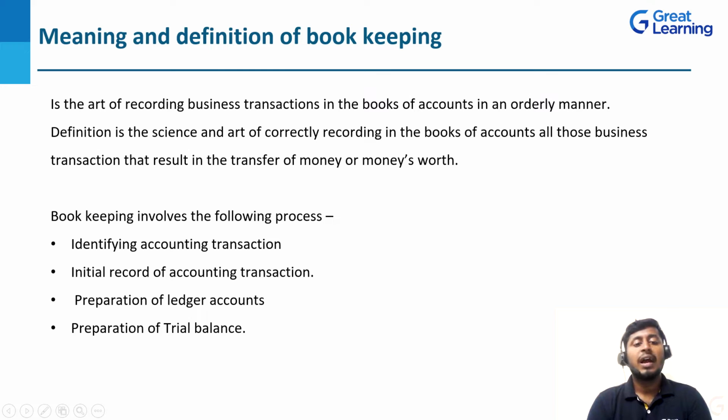First one, identifying accounting transactions. Only those which are related to accounting. So only money and monetary worth transactions we need to record, correct? For example, if someone visited the organization, or someone came for an interview, or someone came for getting an estimation of products, if we give a bulk order, what price he can get the products.